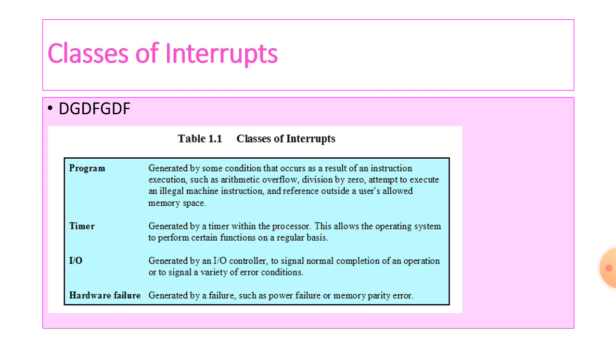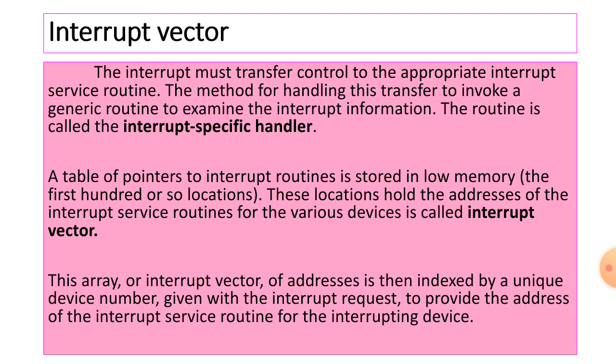This allows the operating system to perform certain functions on a regular basis. I/O: generated by an I/O controller to signal normal completion of an operation or to signal a variety of error conditions. Hardware failure: generated by a failure such as power failure or memory parity error.